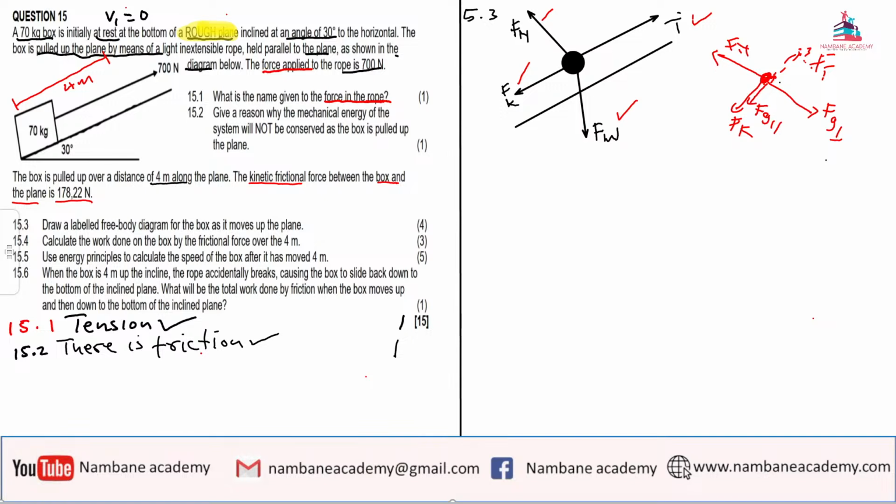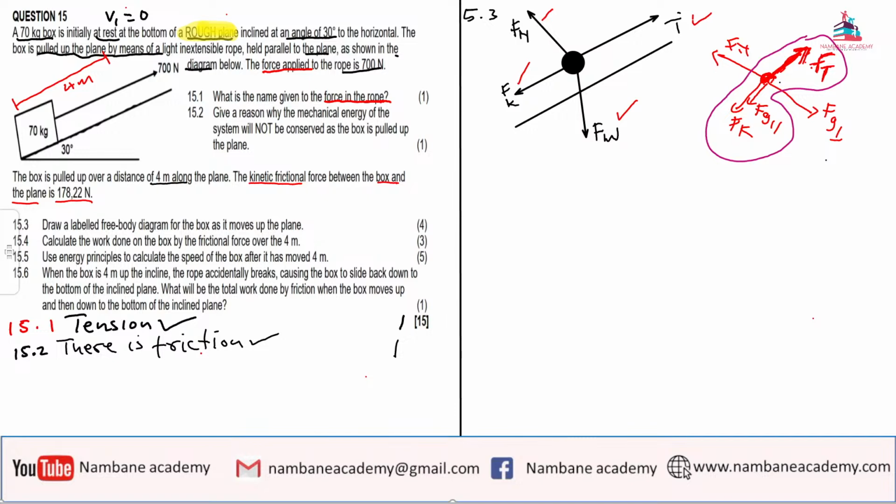So why this free body diagram with the components? This free body diagram with the components is the one that indicates all the forces that are doing work. So all these forces here are the forces that are actually doing work.